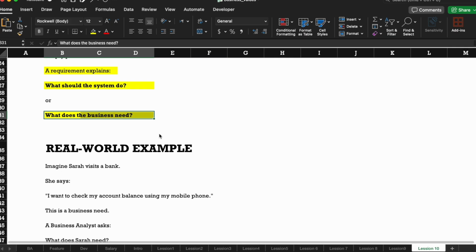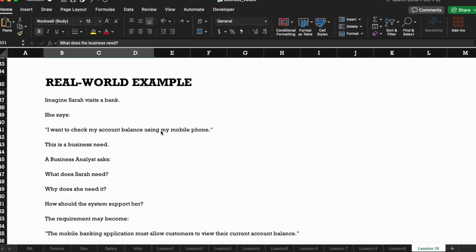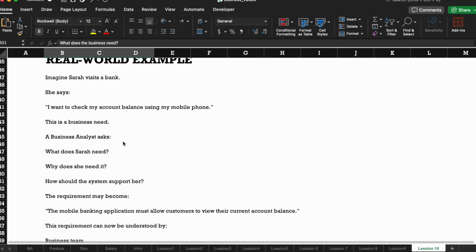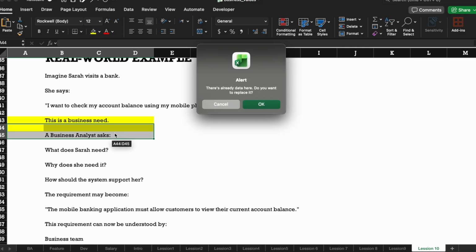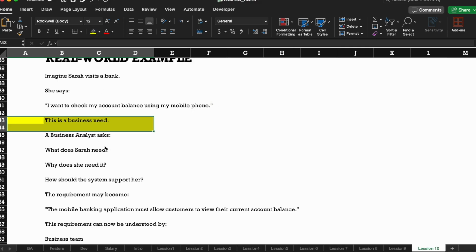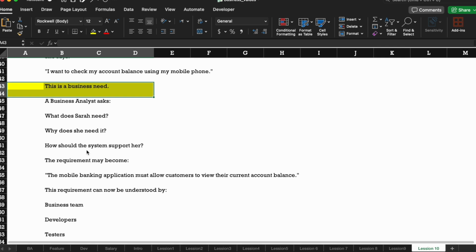So a real world example: imagine Sarah visits a bank. She says, I want to check my account balance using my mobile phone, right? So this is a business need. A business analyst's task is: what does Sarah need? Why does she need it? How should the system support her?